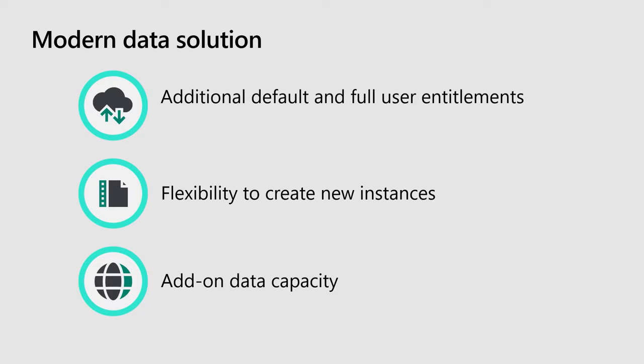We need to get more types of data presented within our store in order for you to be able to use it. And for that, we are providing new default and full user entitlements of file and log storage in addition to the database storage that default and full users were getting previously.